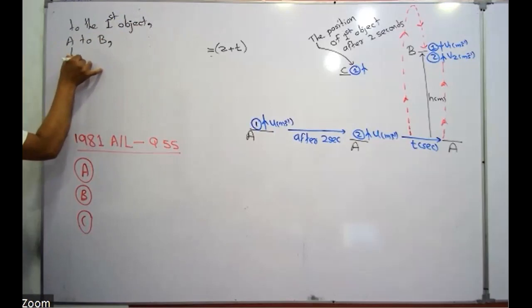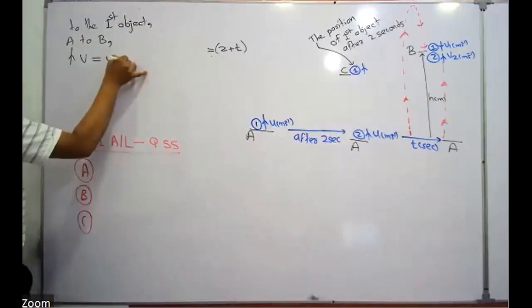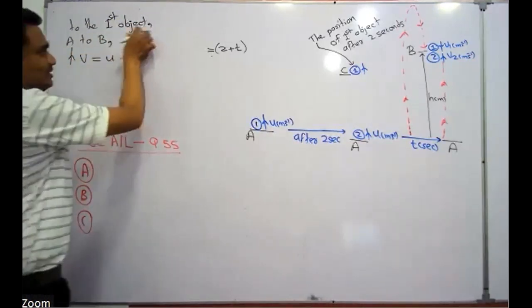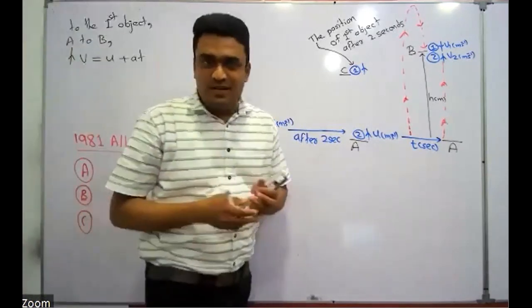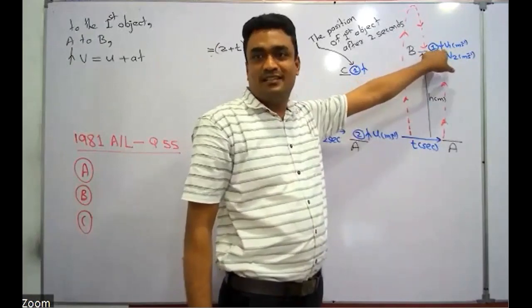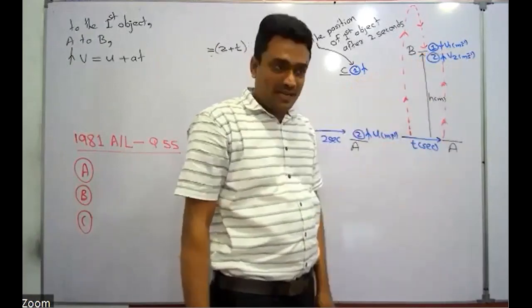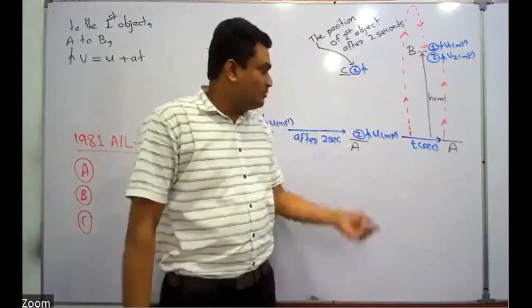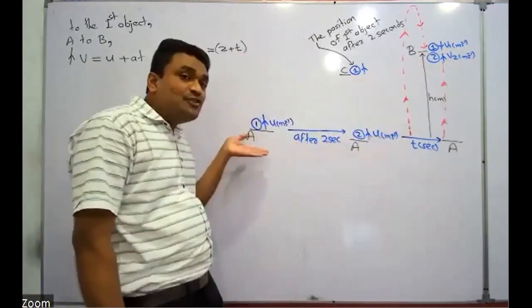Vertically upwards, I could apply the equation V equals U plus at. I am applying the equation vertically upward, but what is the direction of the velocity of the first object here? Down. I am applying the equation upward because I projected upward.